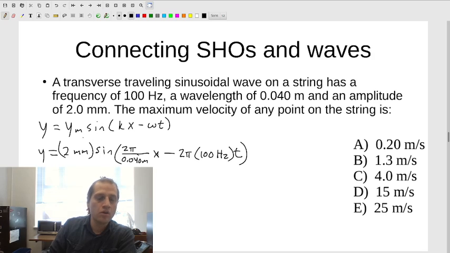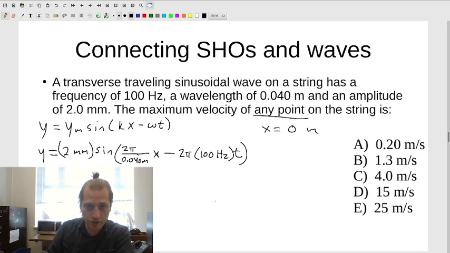Okay, so this is the expression for the wave, but now it's asking at any point on the string. So for instance, you could choose x equals 0. Then this expression stops looking like a wave expression in terms of x and t and just tells you how that particular point is moving at x equals 0.